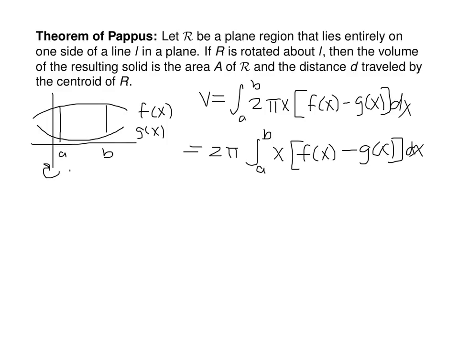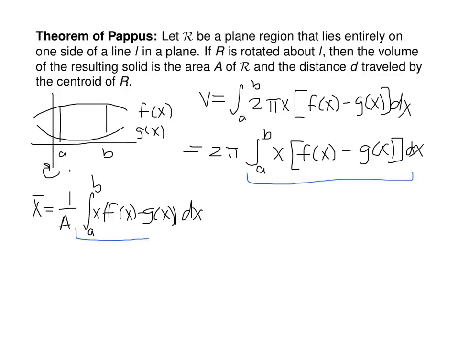Now remember, x bar is equal to 1 over A times the integral from a to b of x times f of x minus g of x dx. Do you see that this is that expression? So solving for that expression, we have A times x bar is equal to the integral from a to b of x multiplied by f of x minus g of x dx.